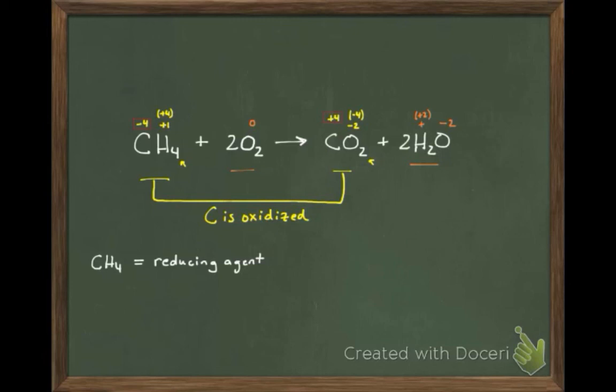That means that oxygen went from 0 to a -2 oxidation state, and therefore oxygen gained electrons. It was reduced. And this also means that oxygen, dioxygen in the reactants, is the oxidizing agent. Okay, so that is identifying redox reactions, assigning which species are oxidized and reduced, and labeling the reactants as being either a reducing agent or an oxidizing agent accordingly.